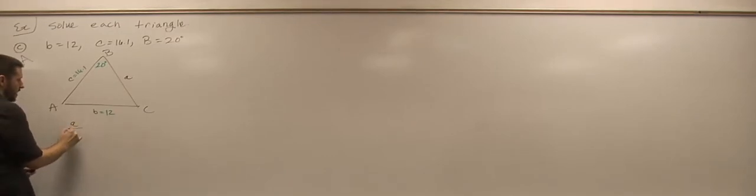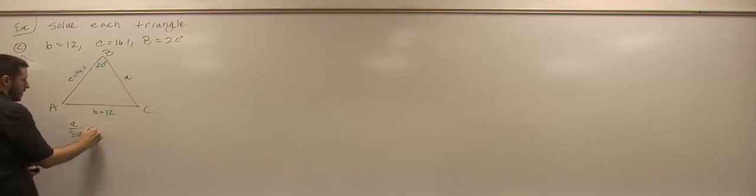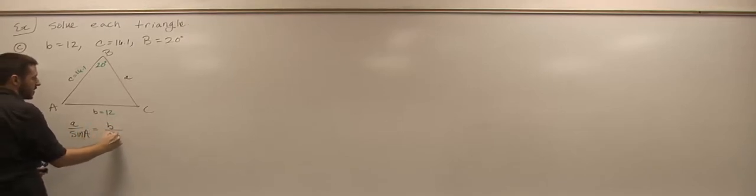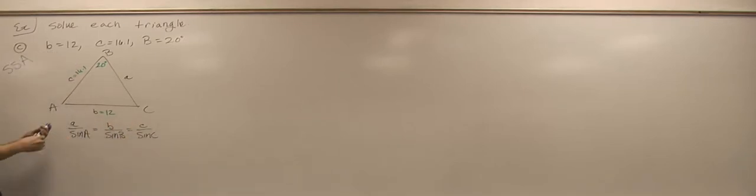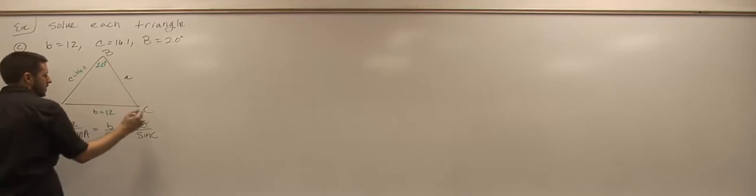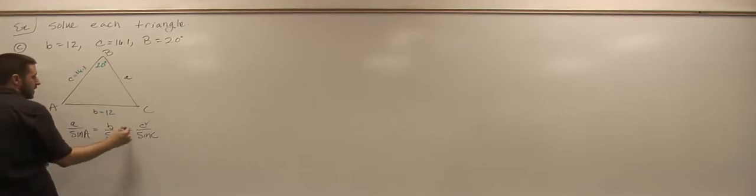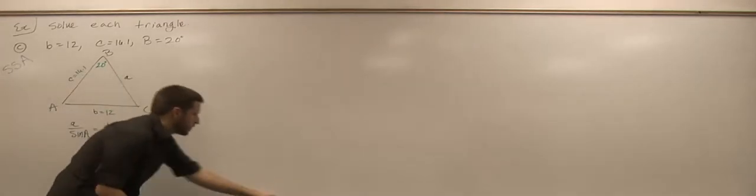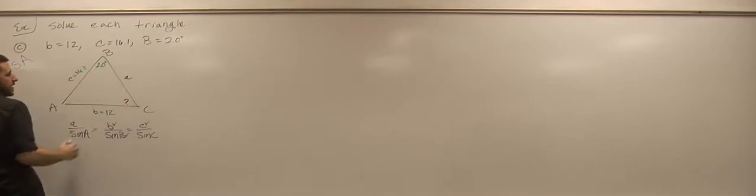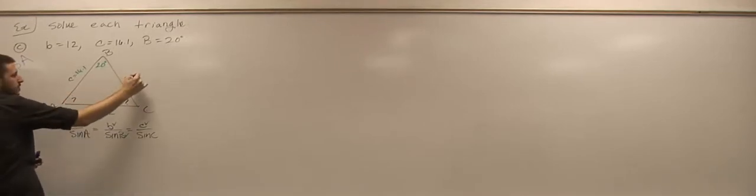Little a over sine A equals little b over sine B equals little c over sine C. I know little c, and I know big B, and I know little b. So I can solve for big C right away, using the law of sines.